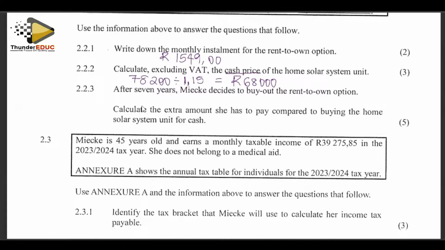These are 5 marks, but then you have to put something in mind: how much extra amount we are looking for. Okay, allow me to do this now. We shall come down here. Let's use this. Extra amount. This is question number 2.2.3. We are looking at extra.